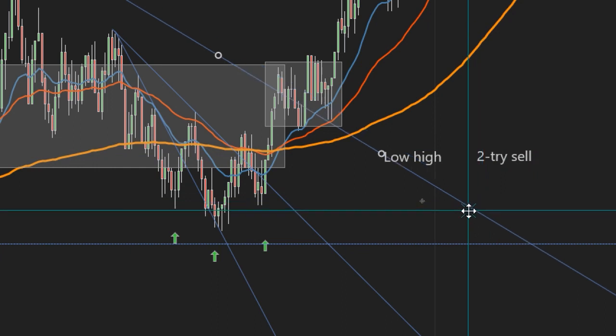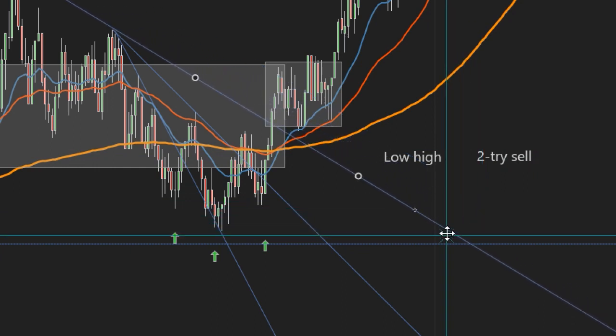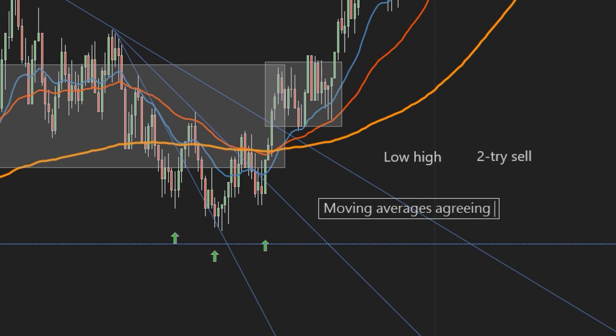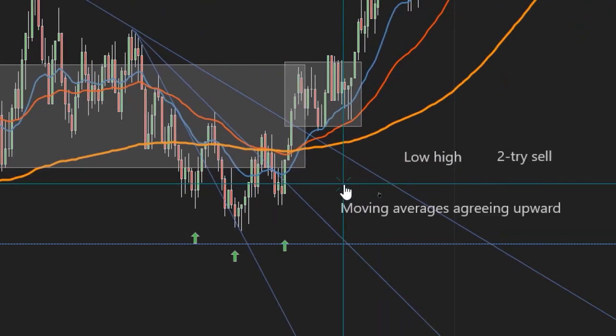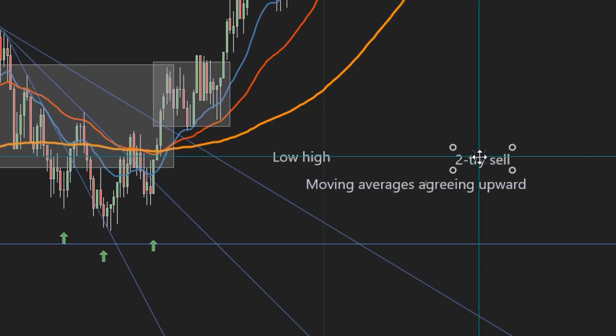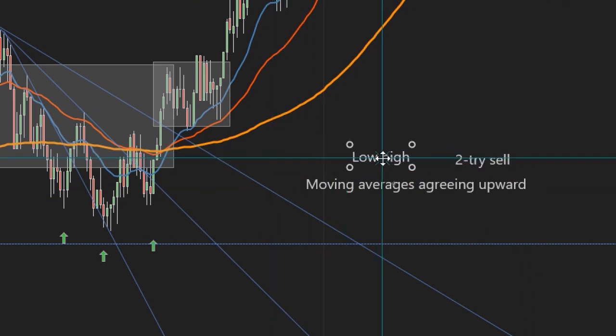I'm just going to type all this in here. And then we see the moving averages all agreeing upward, right? So that's a sign, okay? So I'm just going to put another sign over here. We're just going to line up all these signals over here of what we see.